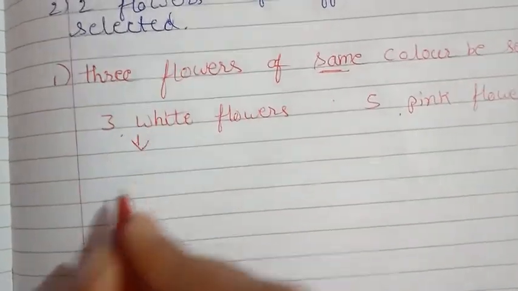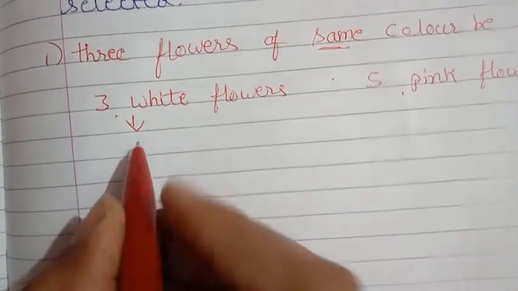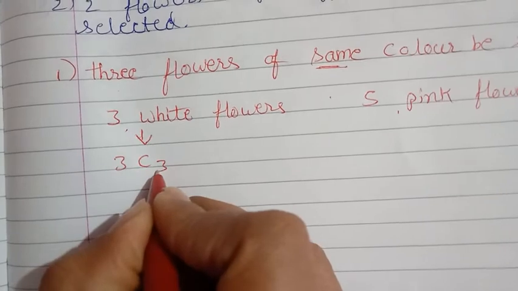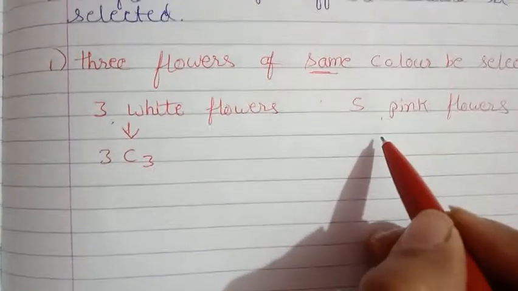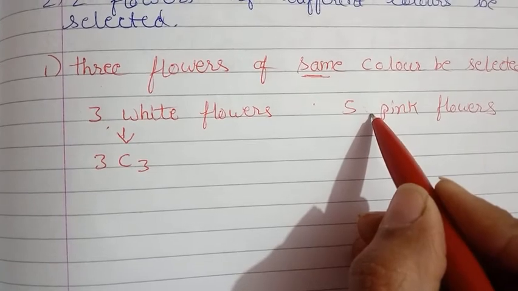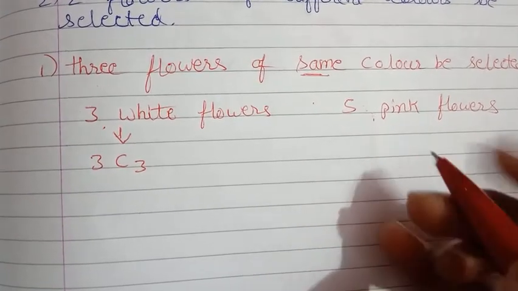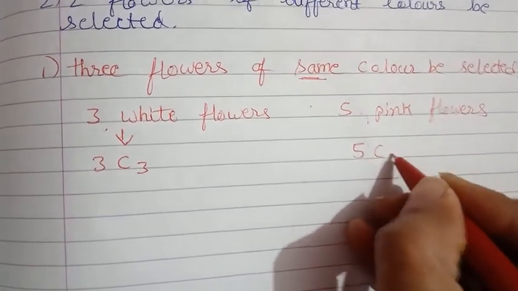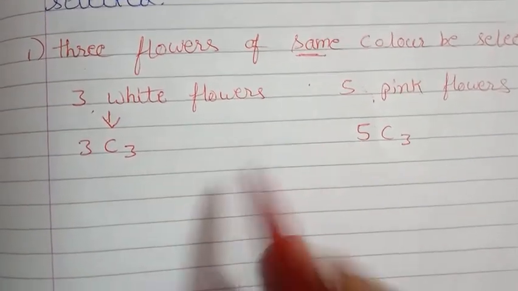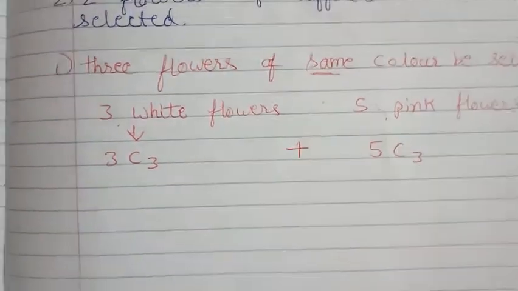So 3 white flowers, from 3 white flowers it can be selected in how many ways? 3 ways. And 3 pink flowers from 5 pink flowers can be selected in how many ways? 5 ways. Now whenever we have options or, we always do the addition, right?